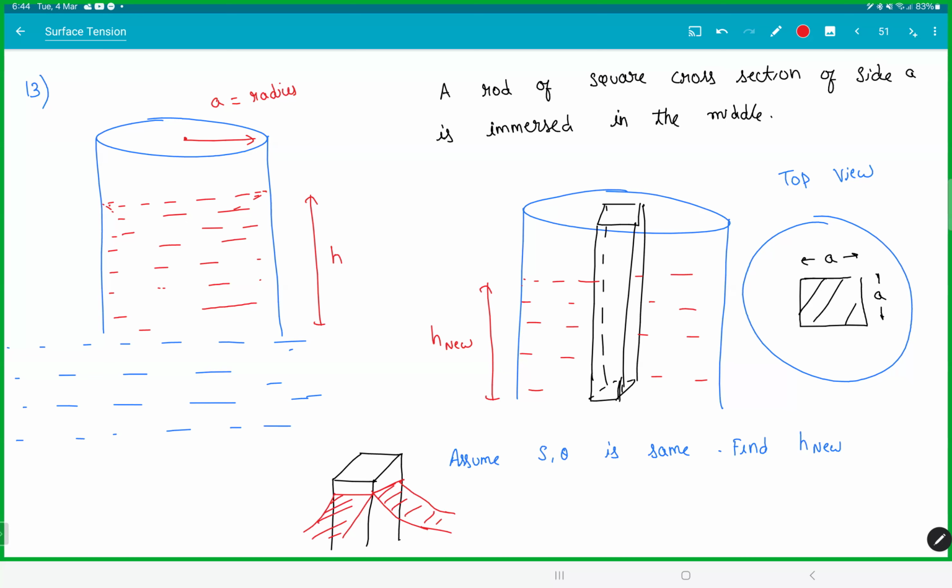Is the scenario clear? You have a capillary of radius a, height is h. S is not given, theta is not given, all fine. Now you took a square rod and kept it exactly in the middle. So that will generate extra surface tension force and the liquid actually goes higher.